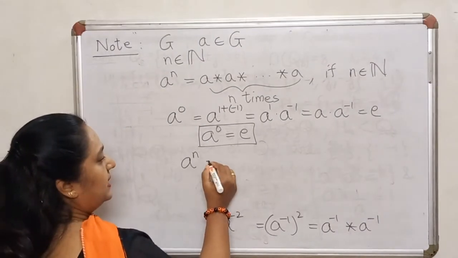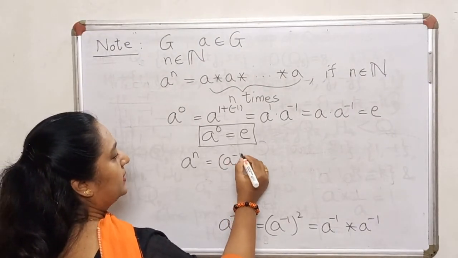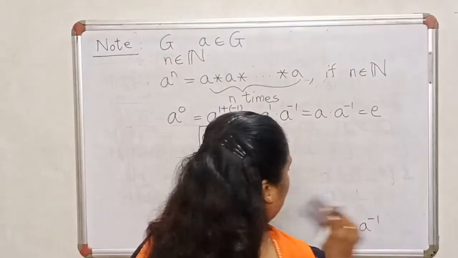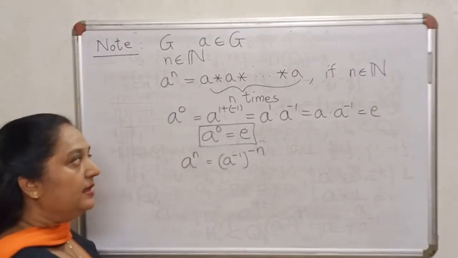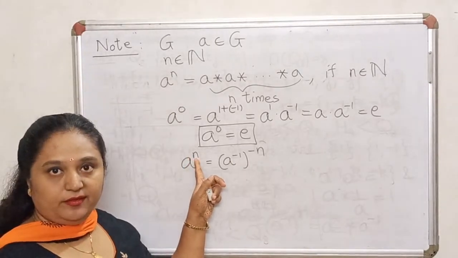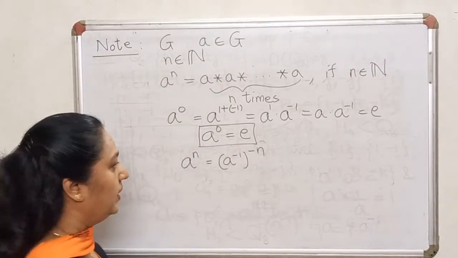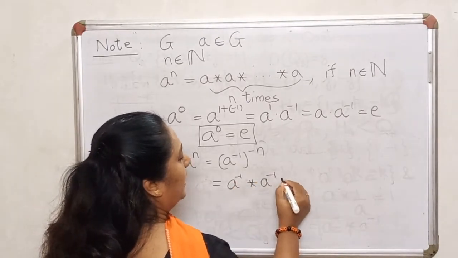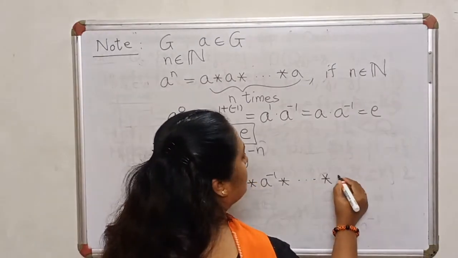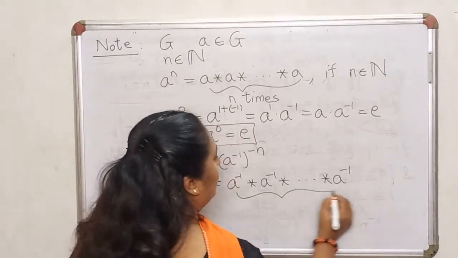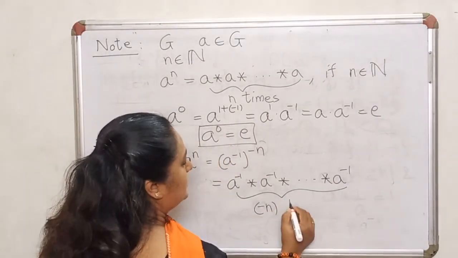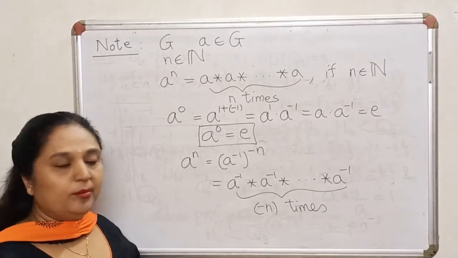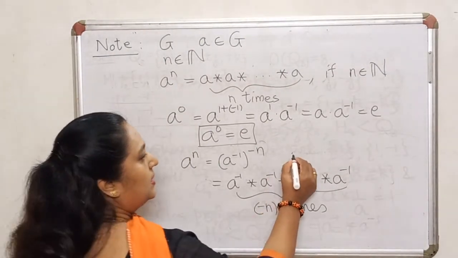So on exactly the same lines, I'm going to write this as A inverse raised to minus n. And now if n is negative, then remember minus n will be positive. So this will be A inverse star A inverse star A inverse combined with itself minus n times, and it makes sense to say minus n because minus n is positive.